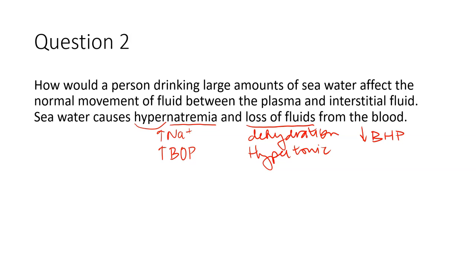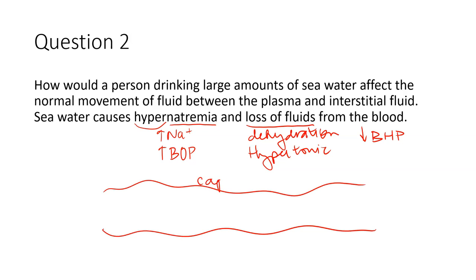So let's map out our capillary one more time. So we're going to lose BHP. And you also might consider that we're going to increase BOP. If this is the case, are you able to filter at the arterial end of your capillary? You'll have a hard time doing it. So let's say that we're not able to filter here.